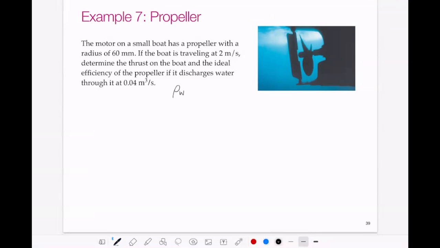So let's assume again we have 1,000 kilograms per meter cubed. The average velocity of the water flowing through the propeller is found from the volume flow rate, which is equal to velocity times the area. It's got a radius of 60 millimeters, so pi times 0.06 squared.